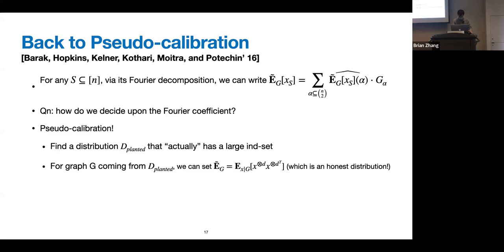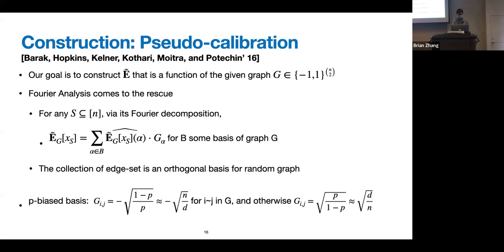Question: Jack, can you go over the Fourier decomposition again? I missed what you meant by orthogonal basis of the graph. The orthogonal basis: for any function of the graph, you can write it in this basis. And then this is orthogonal. I'm just observing that when you take the p-biased character of G_ij and take expectation over G coming from G(n, d/n), each character has mean 0 and variance 1.